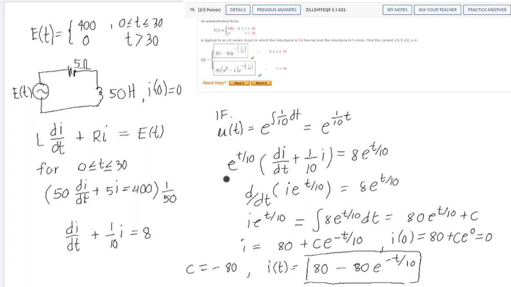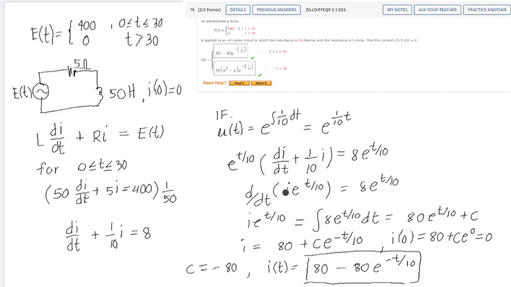Now, this pattern here is just equal to the derivative of I e to the t over 10 with respect to t. This can be verified if you actually take the derivative of this one.